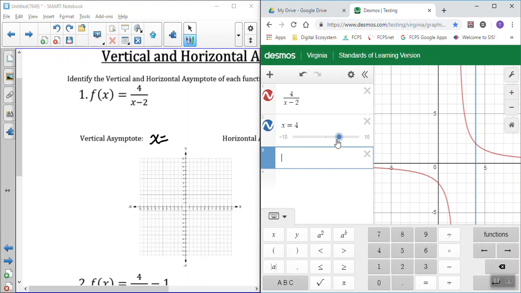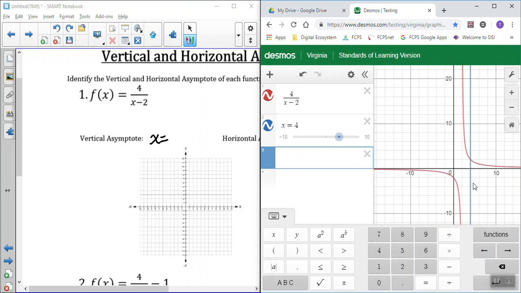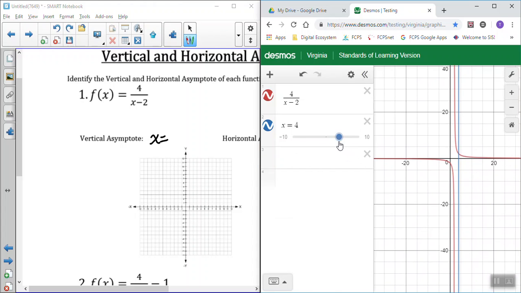We want it to be in between the graphs. So you can zoom out, and then you just move this over to the left, and there you go, right there. Just make sure that it's between the two graphs. So x equals 2 is the vertical asymptote, because that's the vertical line.